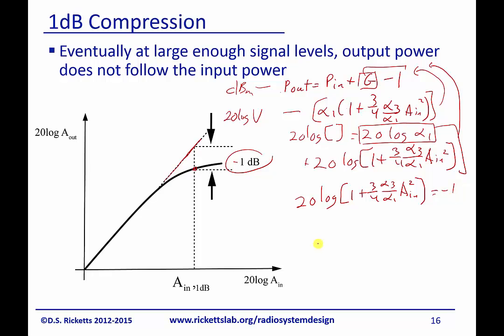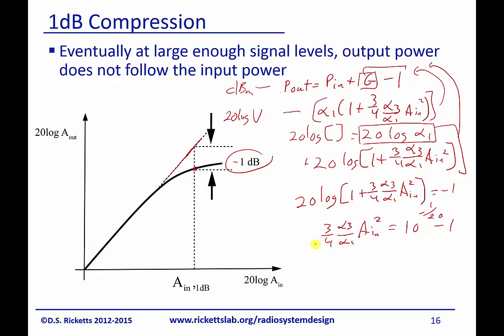And so let's just take that out. I'm going to end up with 1 plus 3/4 alpha 3 over alpha 1 A in squared equals 10 to the minus 1 over 20, and then I can subtract 1.